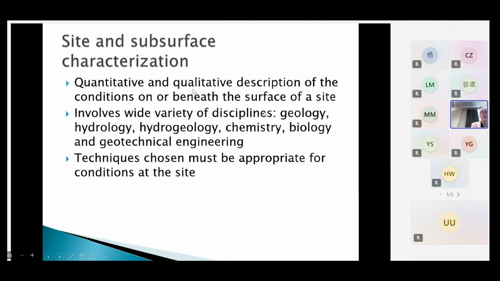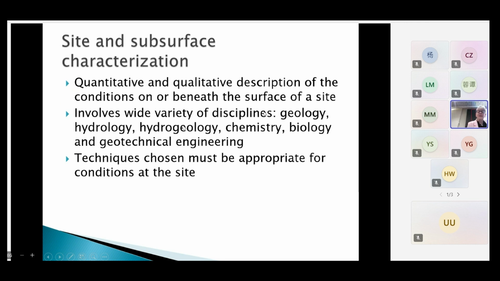So to do the initial characterization, you need a thorough description of the contaminated site. As I mentioned, you have to get all of the different characteristics of the site. It's a very multidisciplinary field, so you need to know the geology of the site, the hydrogeology, the chemistry, the biology, what microorganisms might be there, and the geotechnical characteristics of the soil.